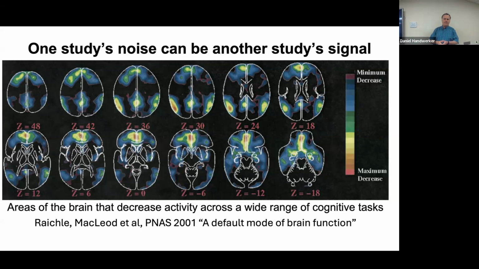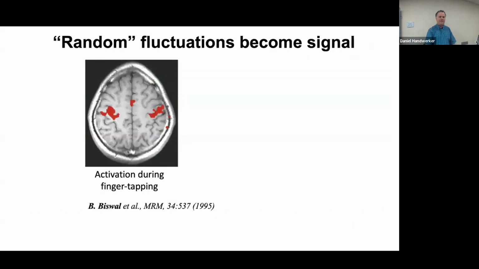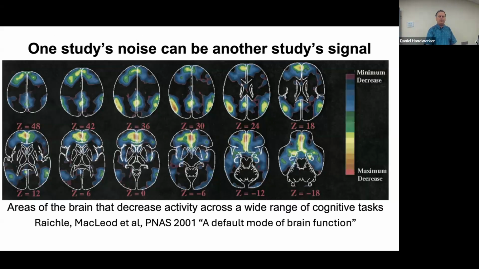They made a map of what these areas are that are not our areas of interest, not the signal of interest, but always signal dropping across time. And this eventually became called the default mode network, which is a very active area of study now.